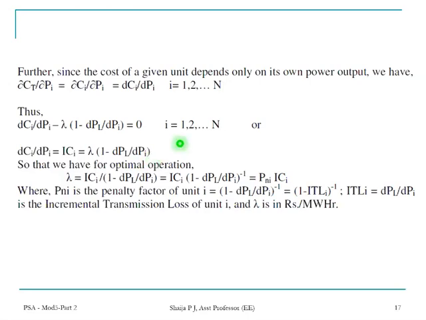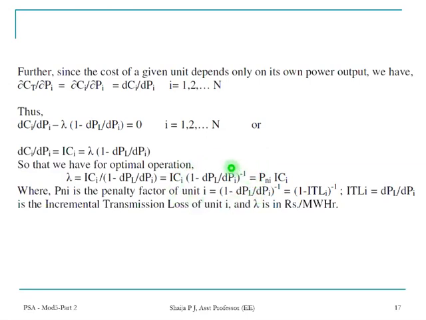Okay. So for optimal operation, what will lambda become? From this equation, lambda is equal to ICi divided by 1 minus dPL by dPi. So that is equal to ICi into 1 minus dPL by dPi raised to minus 1.